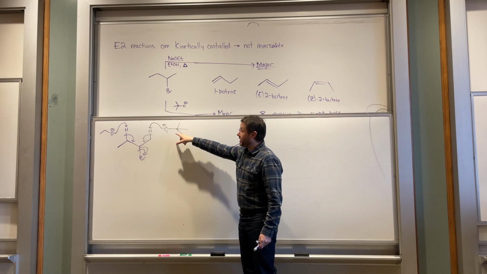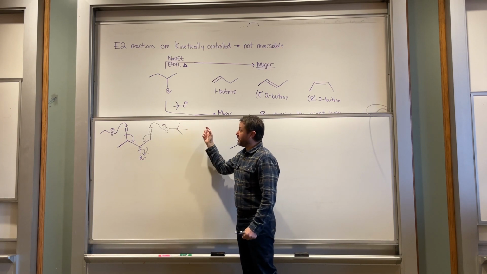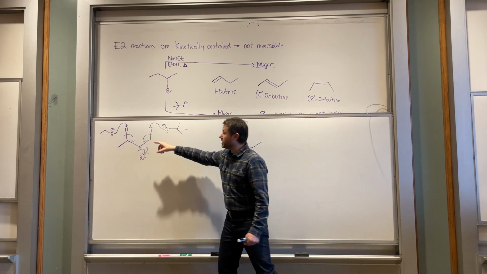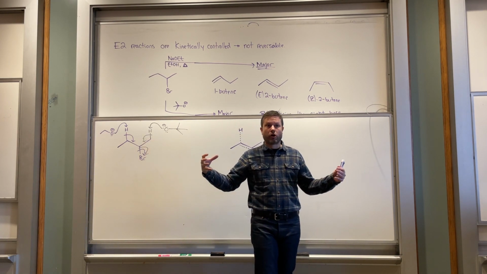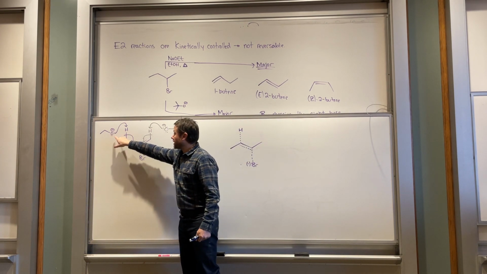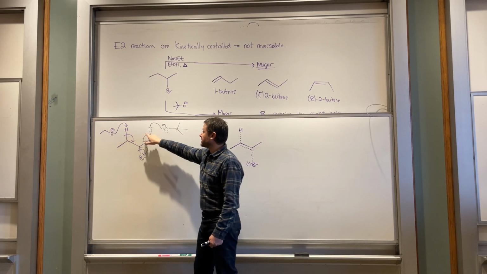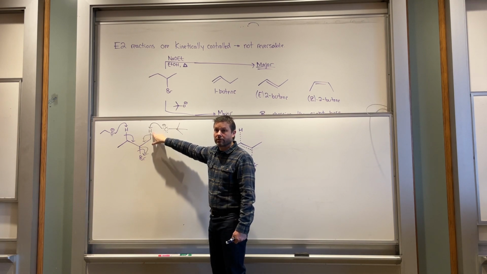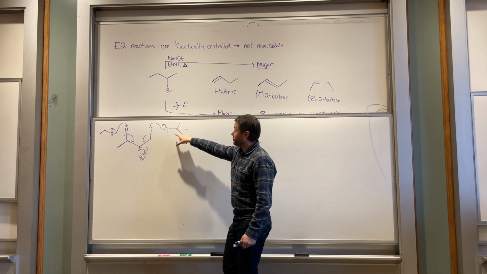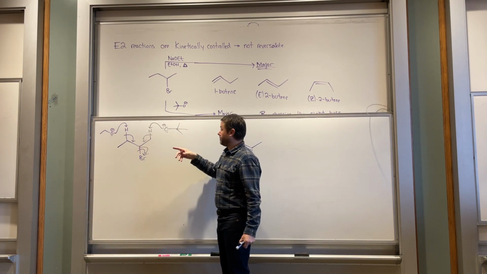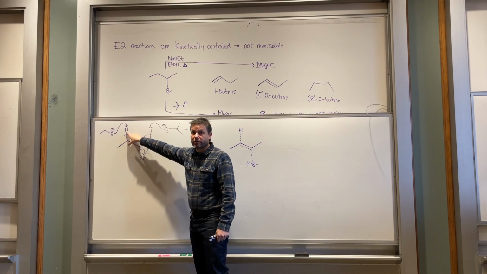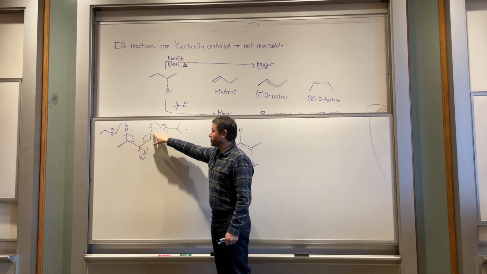Once we get to a big base, though, there's going to be a difference in how these two molecules interact. With the small base, there's not going to be much difference in whether they can approach each other. This oxygen on ethoxide will be able to approach this proton just as easily as that proton. So the difference is really in the transition structure. With tert-butoxide, because it's such a big, bulky base, it's going to be much harder for it to approach that proton, and much easier to approach the other proton.